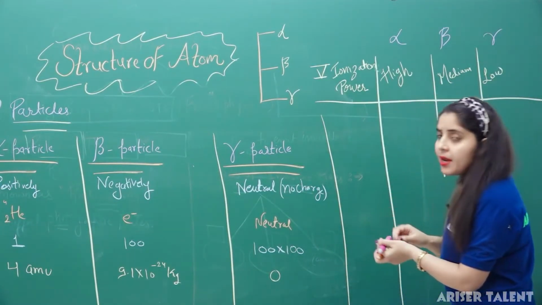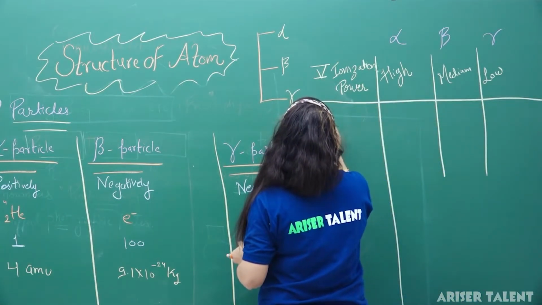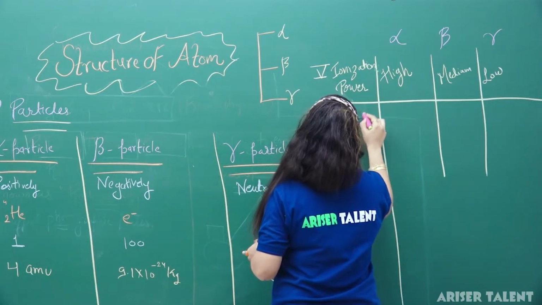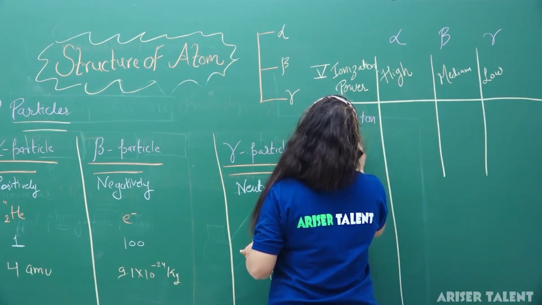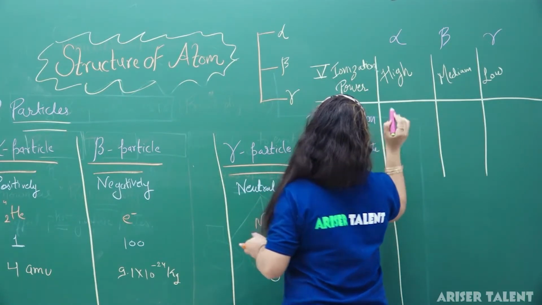Now our sixth point of differentiation will be their effect on ZnS plate.